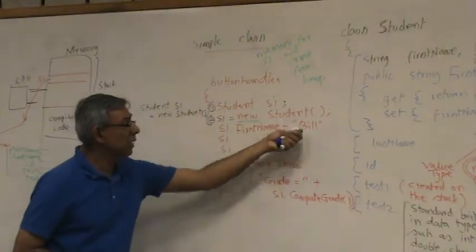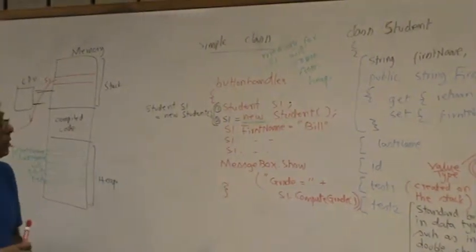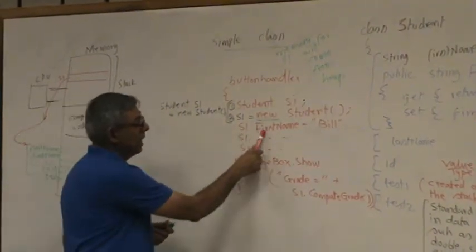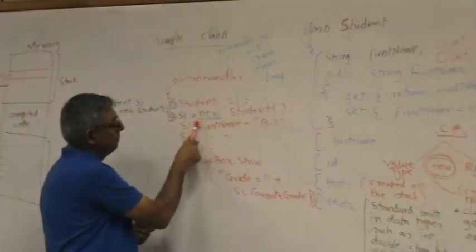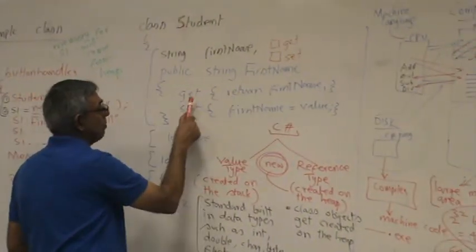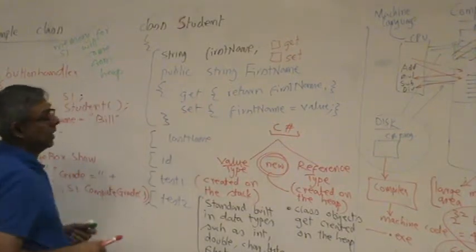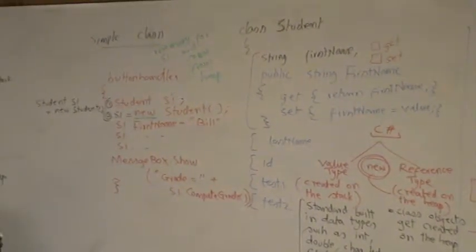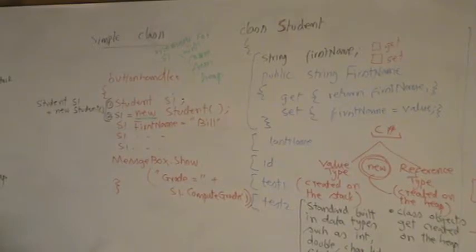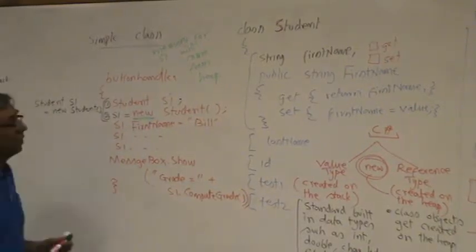S1 dot FirstName equal to Bill. What will the computer do now? What is FirstName with a capital F? It's a wrapper for either a get or a set. So the computer will either call the get or call the set. How does the computer know which one to call?